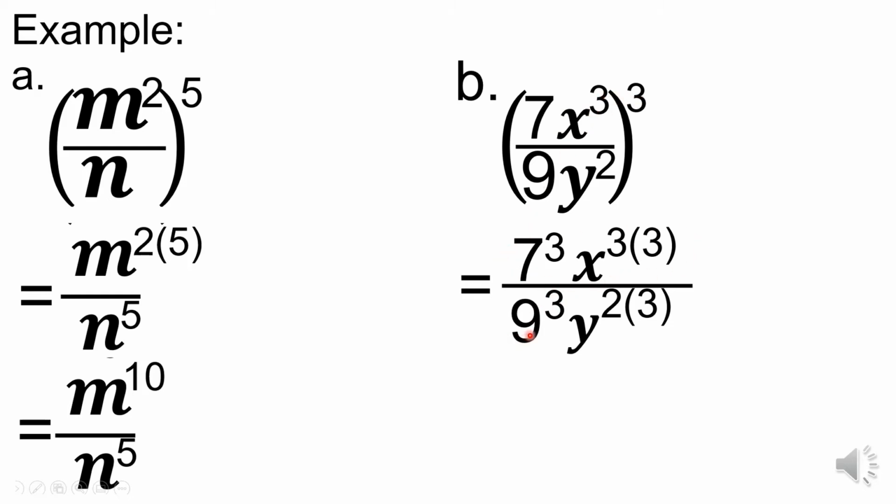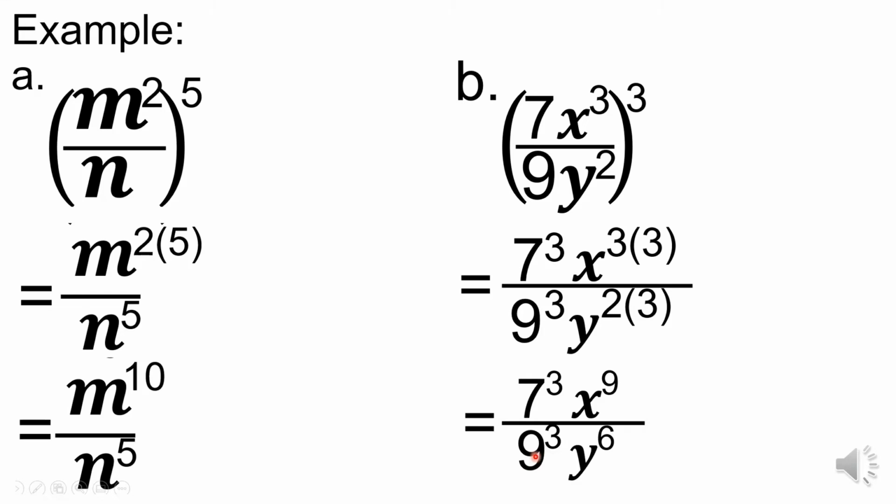So 9 cubed y squared times 3. So you got this one. And then simplify. So you have x to the power of 9 here, and y to the power of 6. In here, you can expand this: 7 times 7 times 7, 3 times.